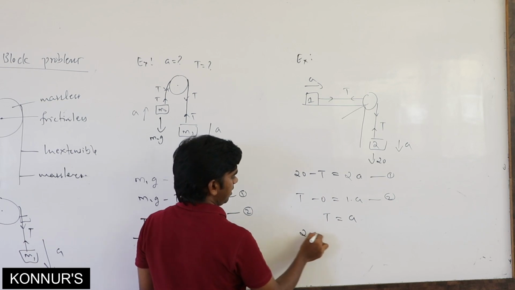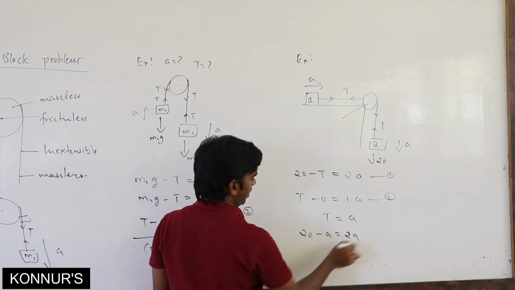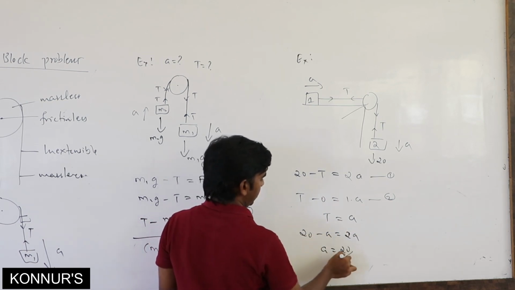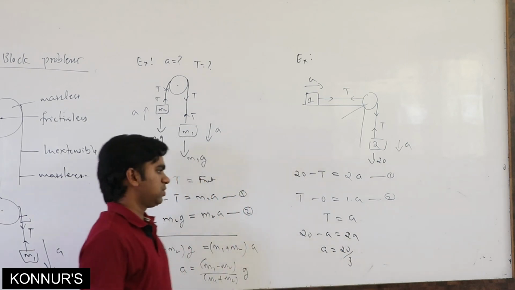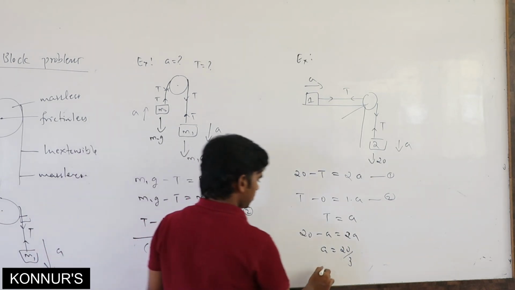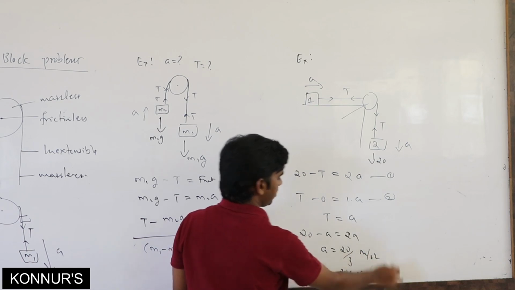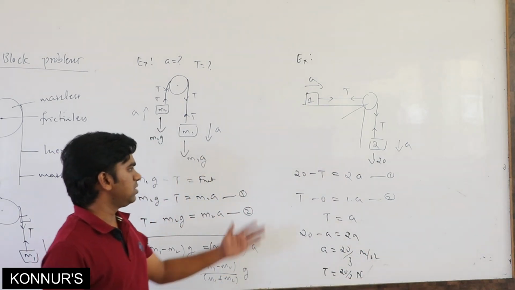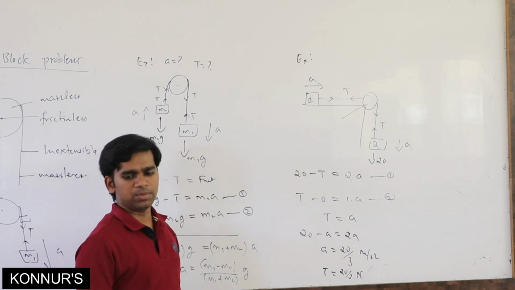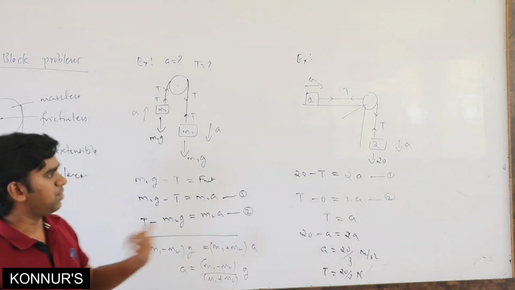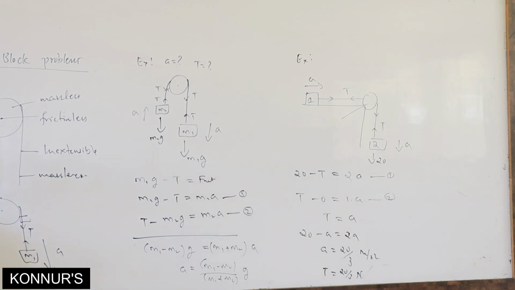Put here: 20 minus a equals 2a. So a equals 20 divided by 3. So you can easily get it. So tension is also equal to 20 by 3 Newton, and acceleration is in meter per second square. So this is how we can solve the pulley problems. We'll take more problems so you can understand it in a better way.